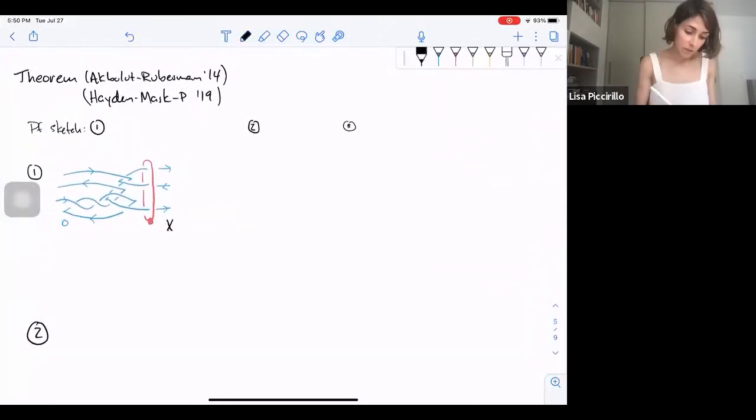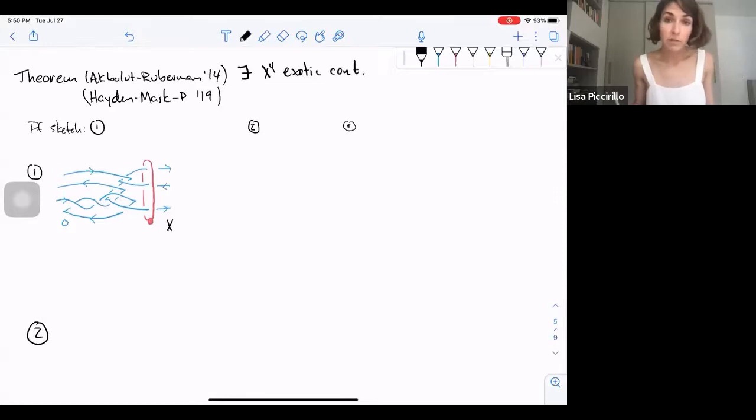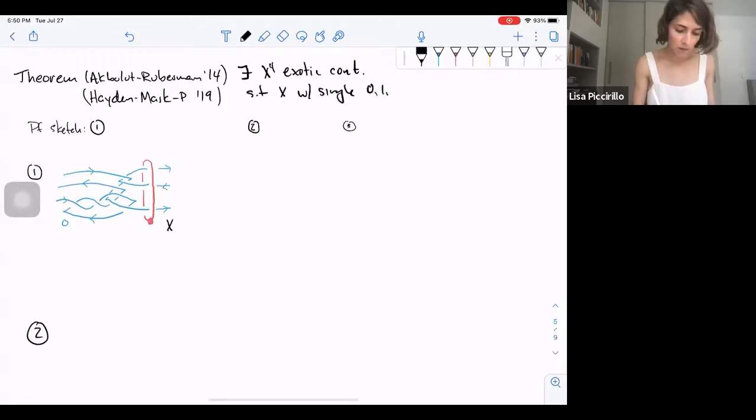This theorem was originally proved by Akbulut and Ruberman in 2014. First statement, there exists an exotic contractible X4. Exotic meaning there's some other 4-manifold homeomorphic, but not diffeomorphic to it. That other thing is smooth. And then a strengthening of the theorem, a simplification, is that X can be described with a single 0, 1, and 2 handle.